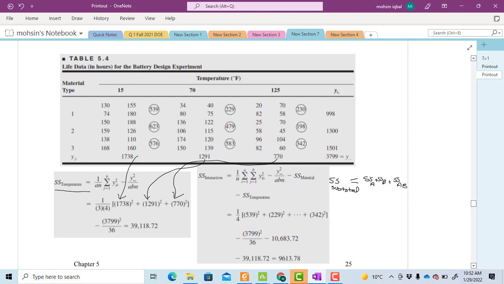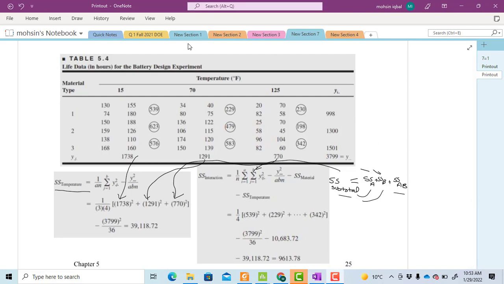We already have the sum of squares of A for the material and the sum of squares of B for the temperature. Use this formula to calculate the sum of squares subtotals, and then subtract. When we subtract the sum of squares of A and the sum of squares of B, we will get the sum of squares of the interaction terms.